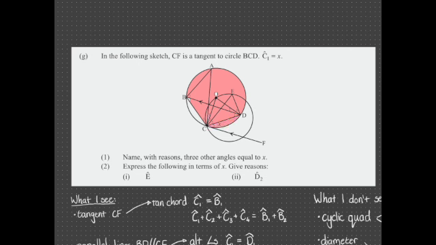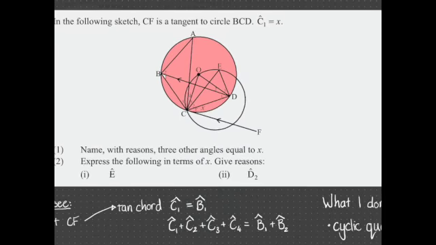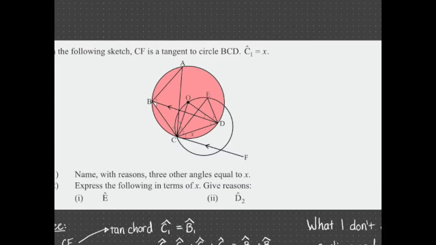Looks pretty, doesn't it? Okay, so that is circle BCD. And if I want to do the tangent, sorry about all of the going all over the place, I'm going to highlight that over there.